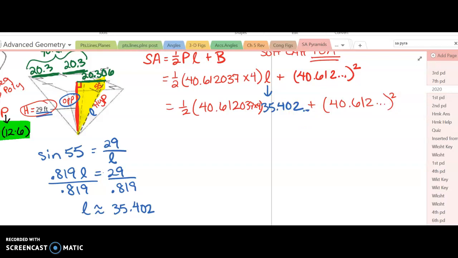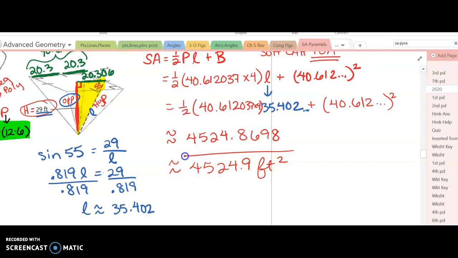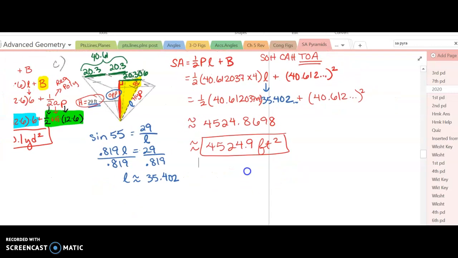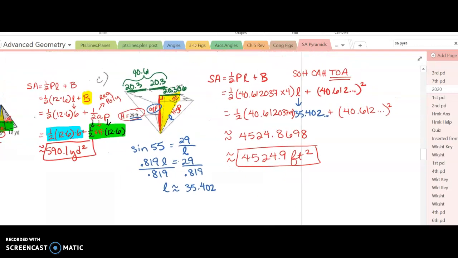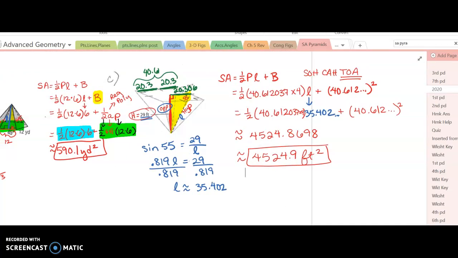So we're going to put that in our calculator. And for my final answer, I'm getting approximately 4,524.8698. So that would, to the nearest tenth, be 4,524.9 feet squared. So we're going to skip this last problem on the note packet for now, and we'll do that at a later time.